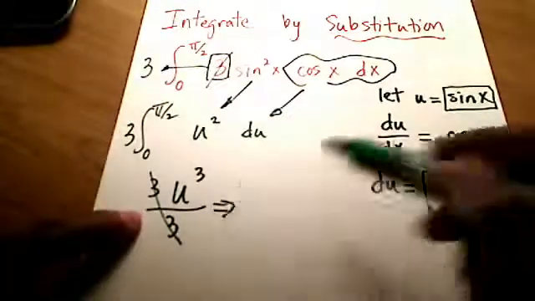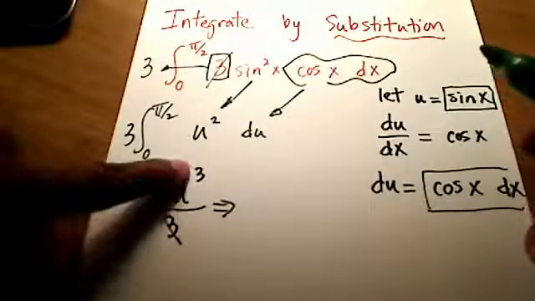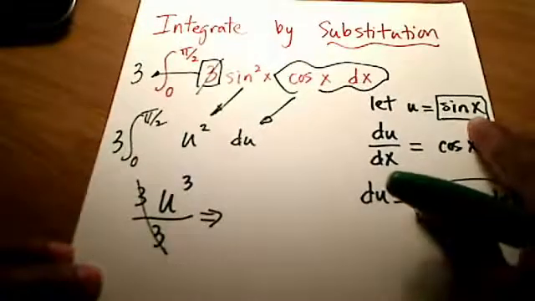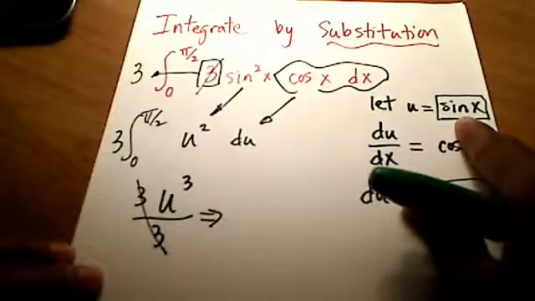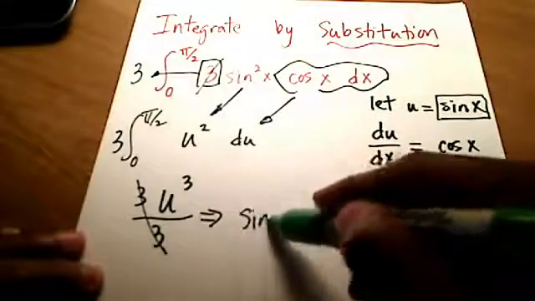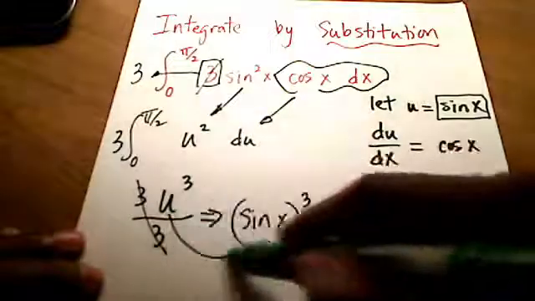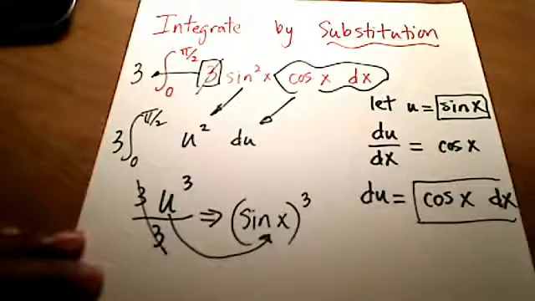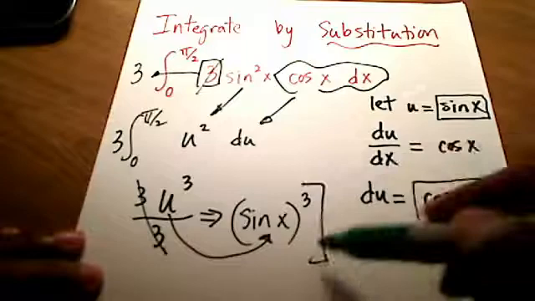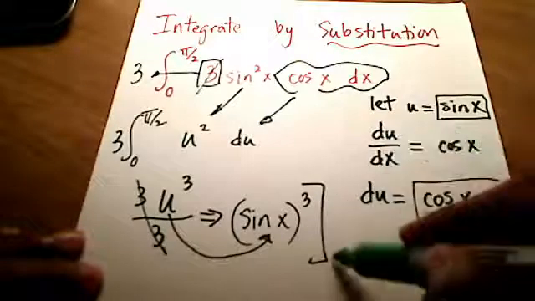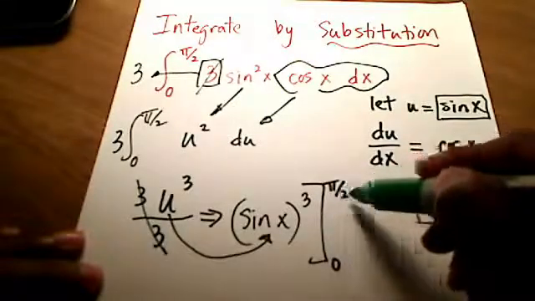But let's rewrite this thing, because I don't really want u to the third, I want it with respect to x. And since u is equal to sine x, I really have sine x to the third. Right, back substituting that u back in there. Okay, this is what I'm going to evaluate between 0 and pi over 2.